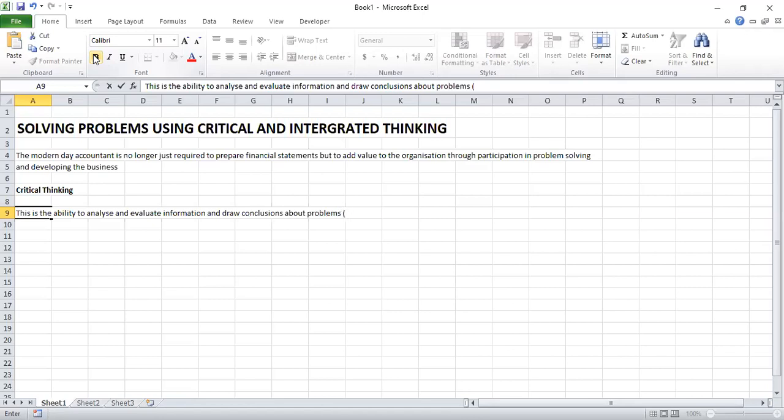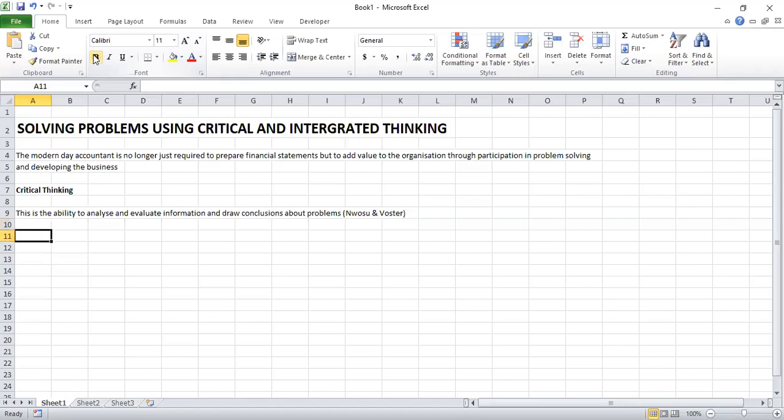This is one of the definitions. So a critical thinker should be able to look at the problem, break it down, understand the problem. After understanding the problem, you analyze it and you check what are the possible solutions to solve the problem, and then at the end of the day, draw a conclusion to see what can be done for that problem to be solved. Right.